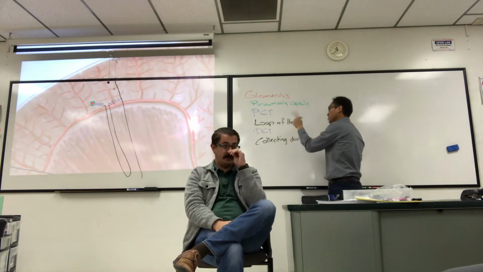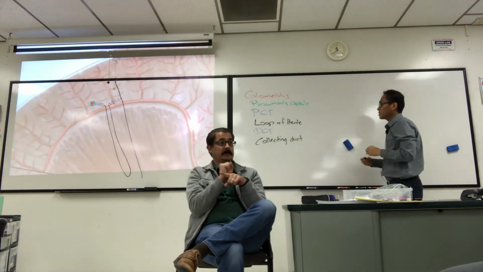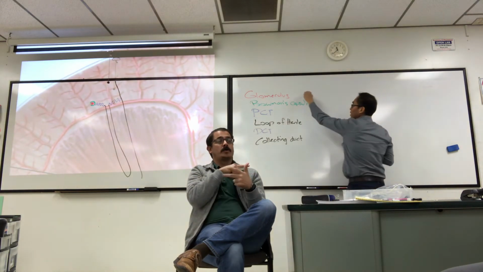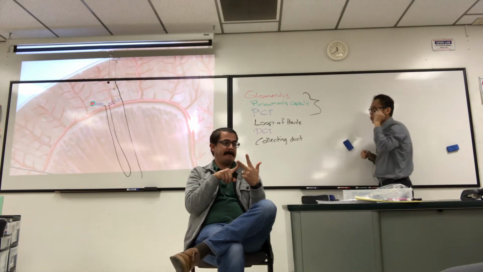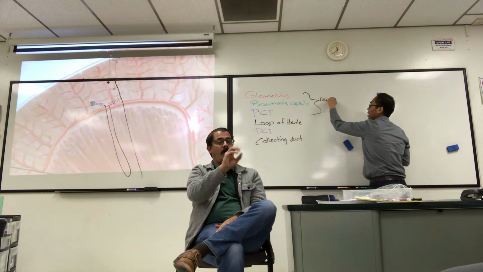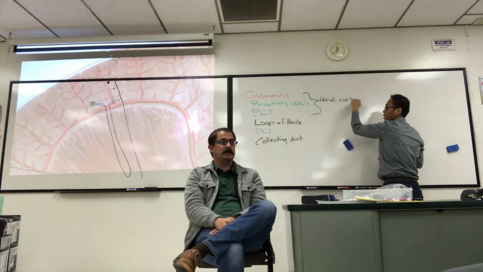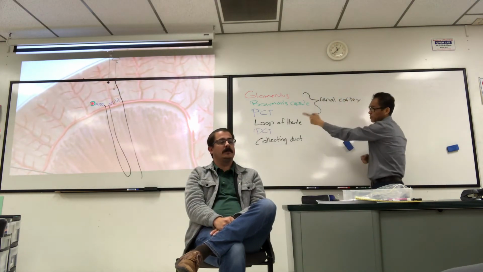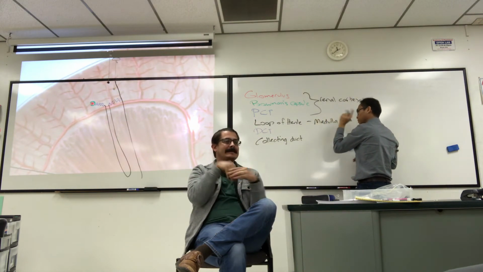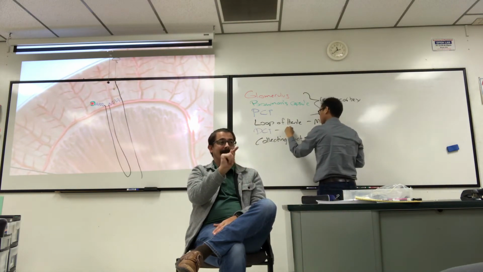So from this little exercise, what we learned is that these first three are in the renal cortex. Loop of Henle, well, in this example, basically it's in medulla. DCT, renal cortex.